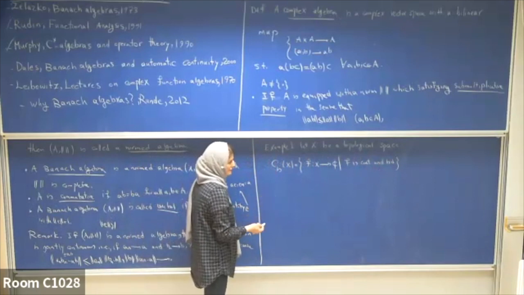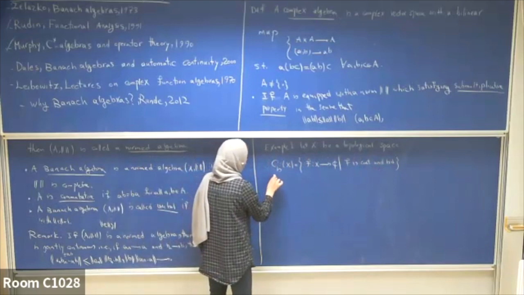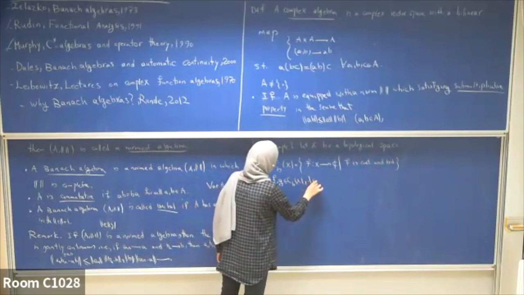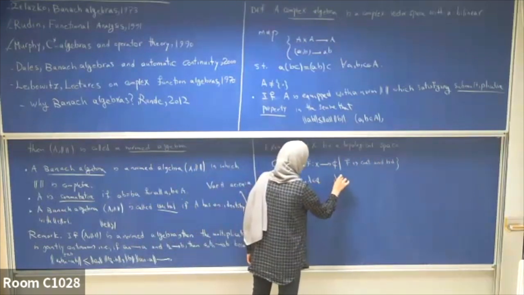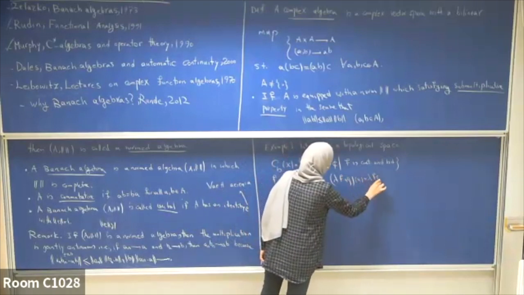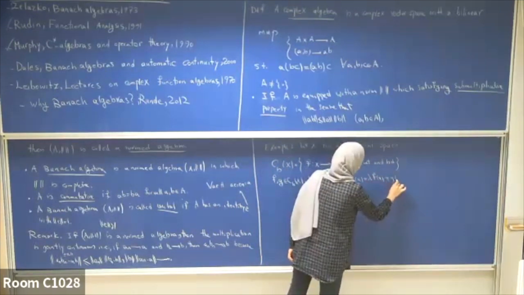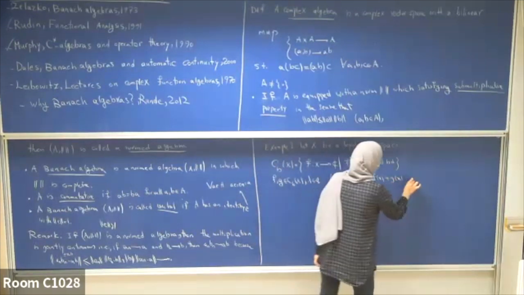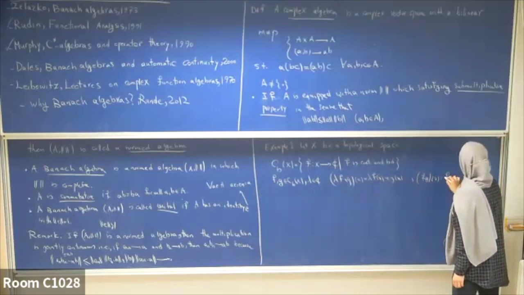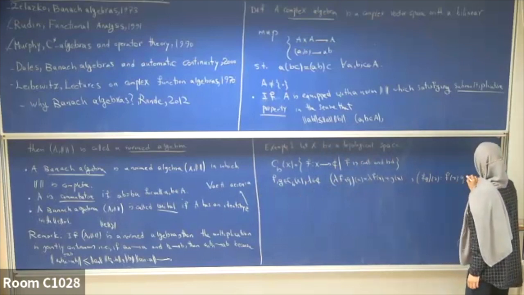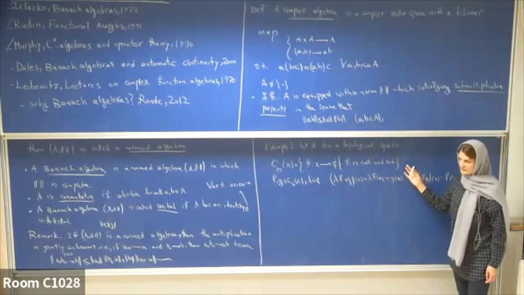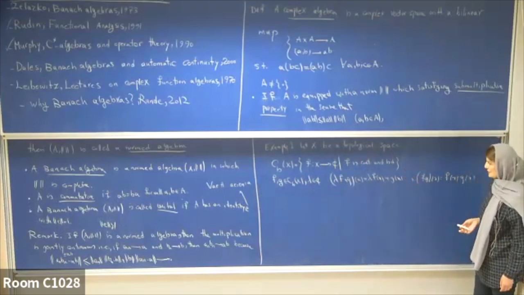For the first time I prefer to write it: if, for example, f and g are in C_B(X), and lambda in C, lambda f plus g is this function, and of course fg(x) is this function. Pointwise operations.